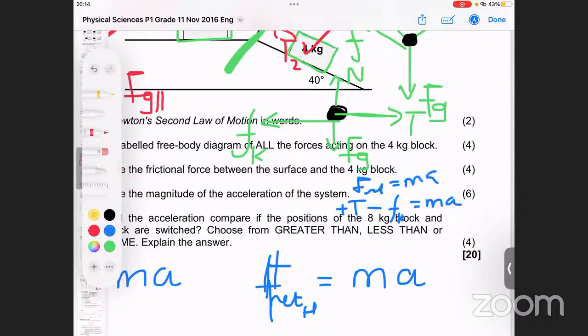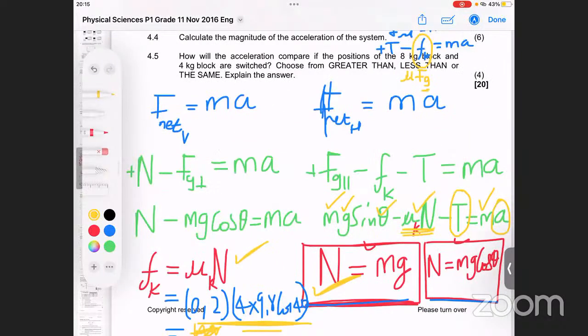But would you agree with me that for this one, it might be different? Because we already know this is how the formula looks: mu and then F g. But the question is, which of those two FG are we going to use?